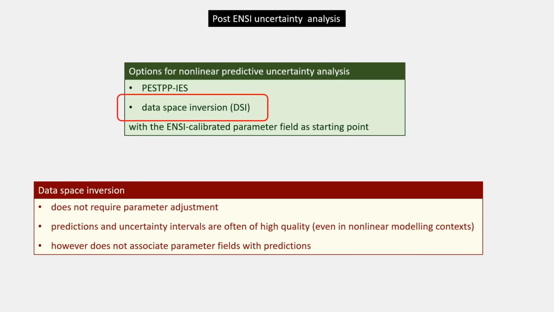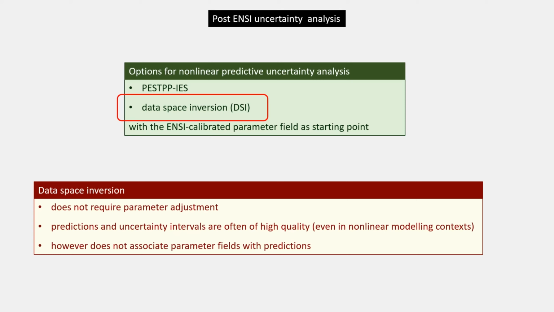It also, I think, gives us possibly the best estimates of a prediction and the uncertainty associated with a prediction. And it does this through avoiding having to actually adjust parameters, which can often be a highly nonlinear process, and because of the extreme nonlinearities that often accompany parameter estimation, the samples of the posterior that we end up with are somewhat biased and not really good samples of the posterior parameter probability distribution.